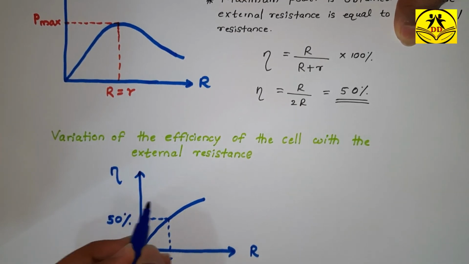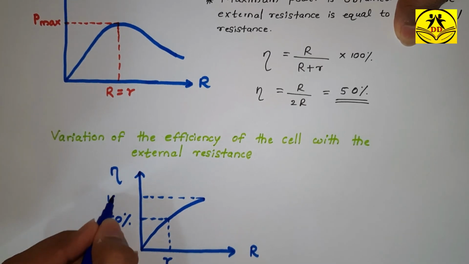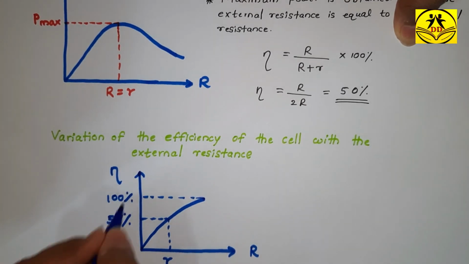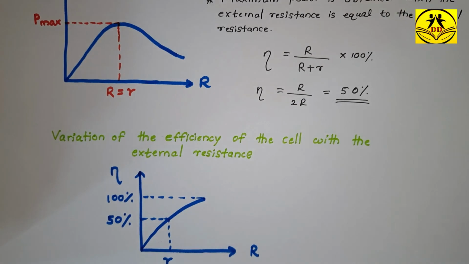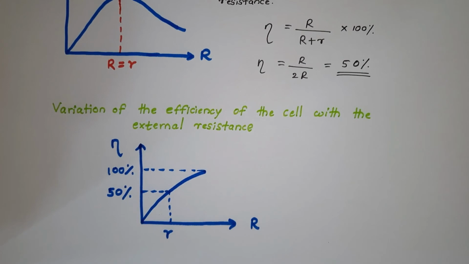So this will be when the efficiency is 100%. So this is all what you should know under the thermal effect of electric current in the unit current electricity.